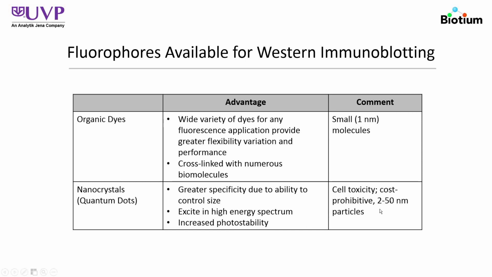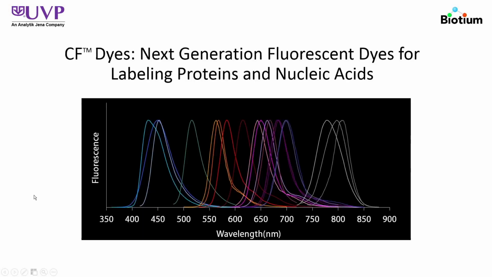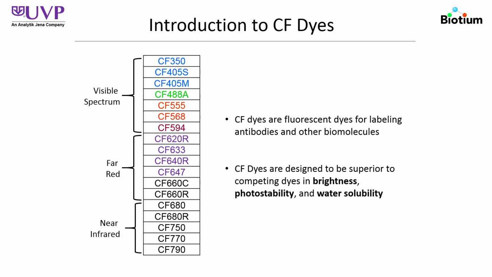And in terms of fluorescent Western blotting, probably the main drawback would be that these are much more costly than the small molecule dyes. So the dyes I'll be describing today, Biodium CF dyes, are small molecule organic dyes. Biodium specializes in fluorescent dyes and other reagents, and so CF dyes are our next generation line of fluorescent dyes, specifically designed for labeling proteins, nucleic acids, and other biological molecules.